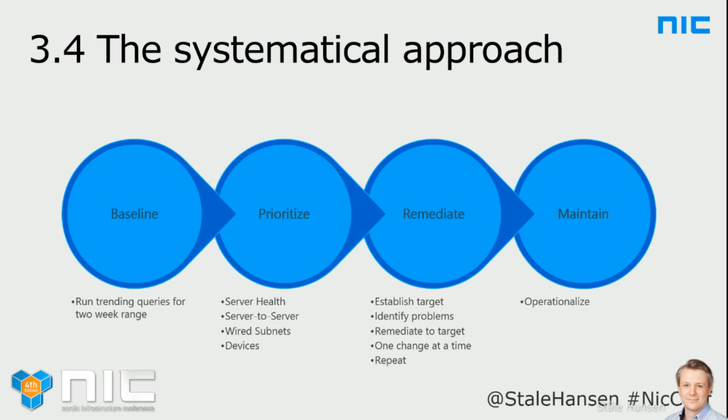So the systematic approach: baseline, prioritize, remediate, and operationalize. Microsoft said that they have done this internally, and they spent half a year before stuff started to improve. And at some point, they thought they had succeeded in remediating all the issues.